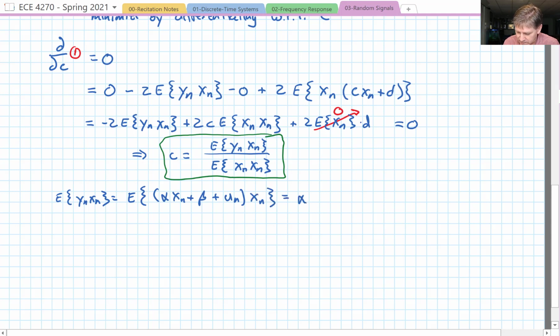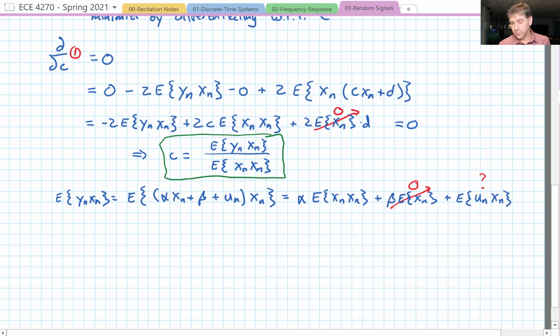This is going to be alpha times the expected value of x[n]x[n], plus beta times the expected value of x[n], plus the expected value of u[n]x[n]. Well, right away we can get rid of that. It's 0. But what about this other term here?